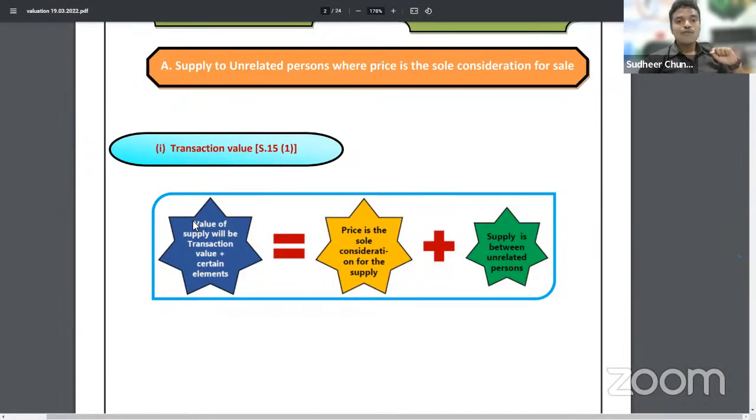Then only the value will be the transaction value. That means on the transaction value, whatever is quoted in the invoice, on that value only you are liable to pay GST, but plus certain elements. Even though these two conditions are satisfied, that is, the price is the sole consideration for sale and the supply is between two unrelated persons, additionally there are some certain elements to be added.